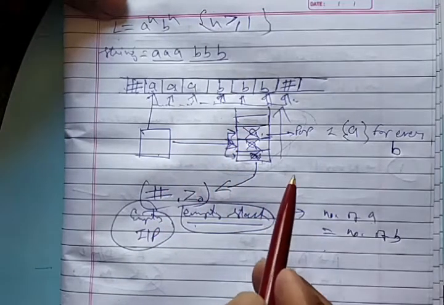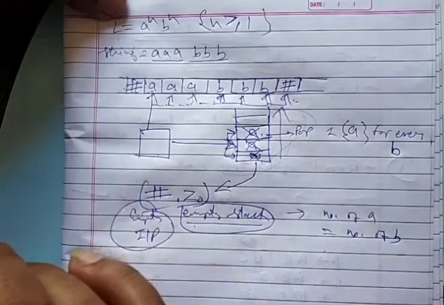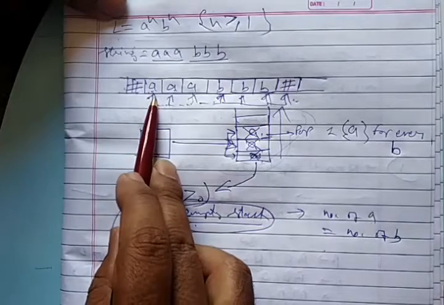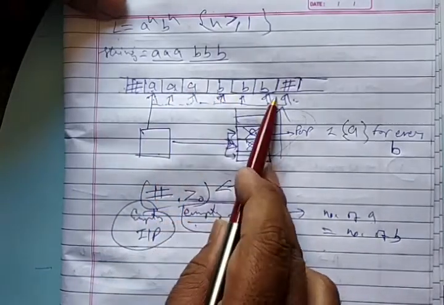Now in another way, let's see the same thing. What I have done actually, I got n number of A's, and I got n number of B's.